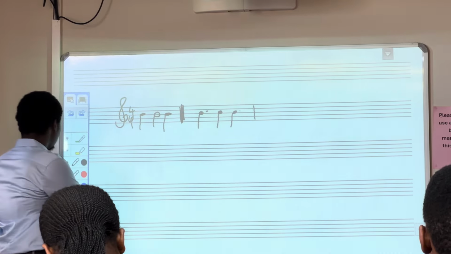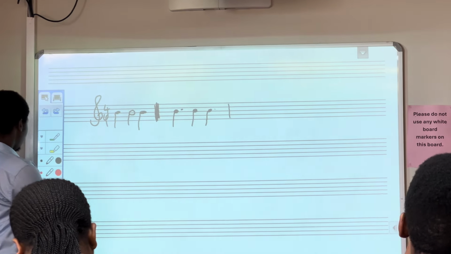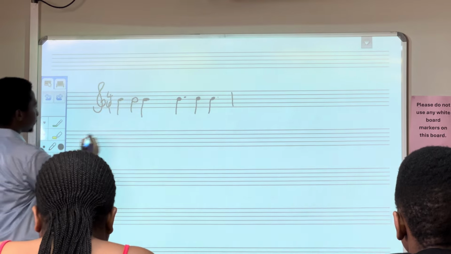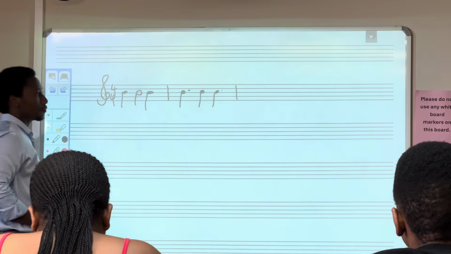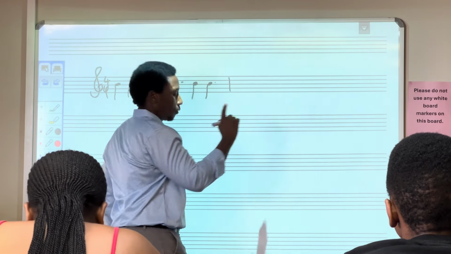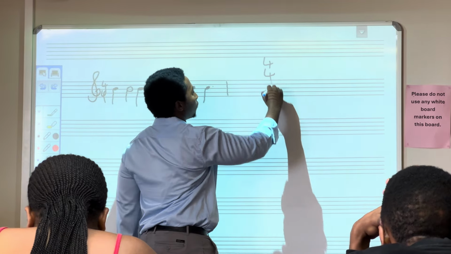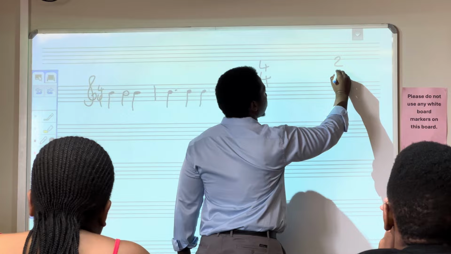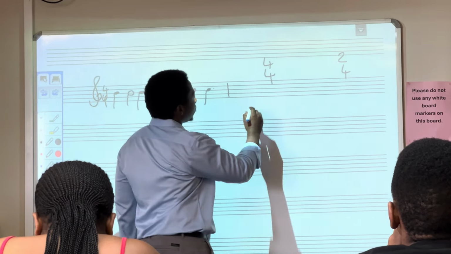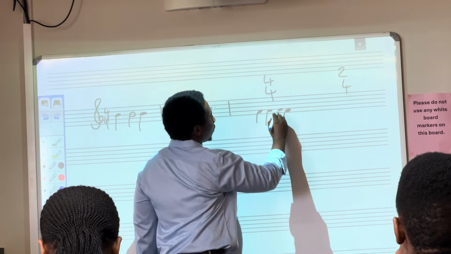Okay, they ask you, given the music shown on the excerpt, improve the grouping. First rule, with even time signatures, 4/4, 2/4. It's even. You will have 1, 2, 3, 4.